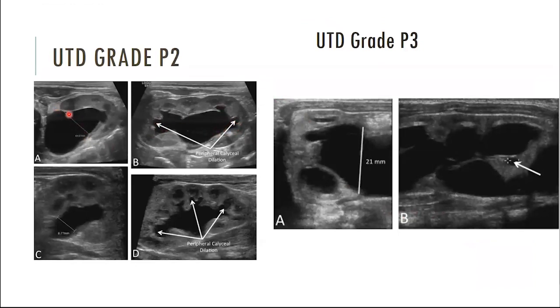There's a much larger AP diameter here, about 19 millimeters. Here you see the pelvis is connected to the ureter, and this is the beginning of the proximal ureter, which you should not be able to see. Then grade 3 is usually massive, and you've lost your good visualization of the renal cortex.